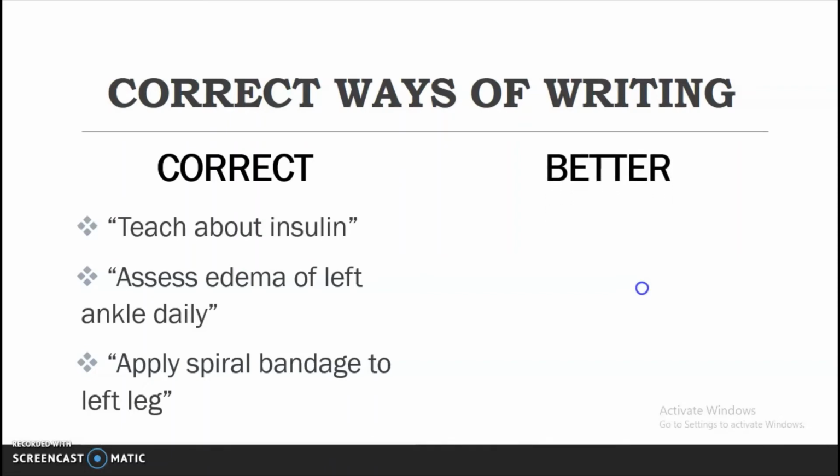Instead of writing teach about insulin, write explain the actions of insulin. So instead of using teach, you write explain. So much better na po yun according to Fundamentals of Nursing by Kozier and Erb.